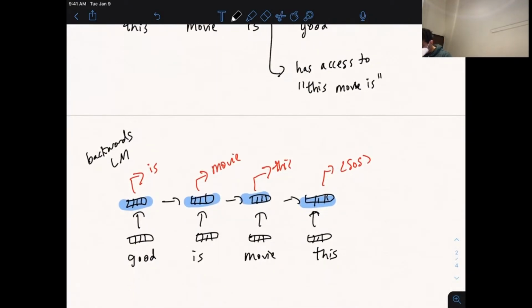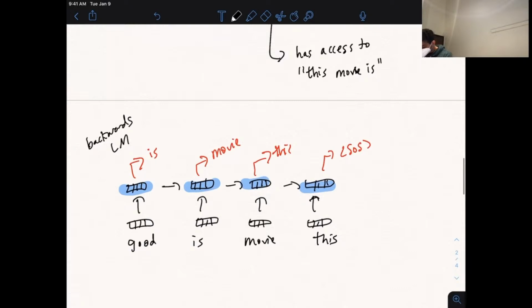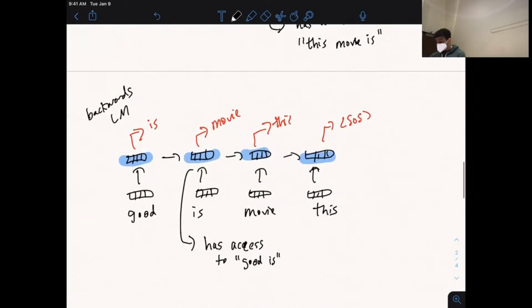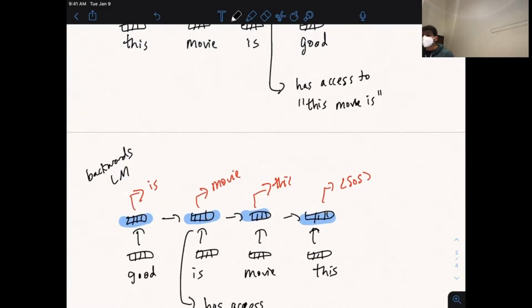Now, this time step over here has access to "good is", but not the rest of it, the "this movie" part. So if I concatenate these two hidden states, I now have access to all of the words in the sentence. And then my sentiment neural network on top can learn to leverage this information in some way.